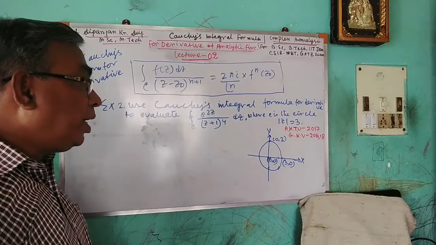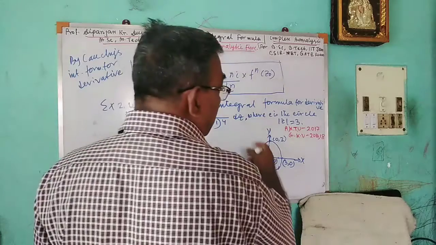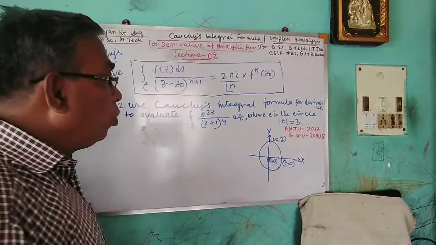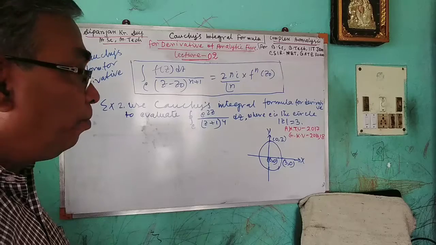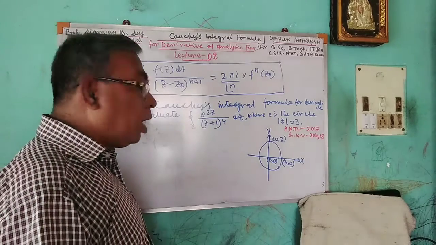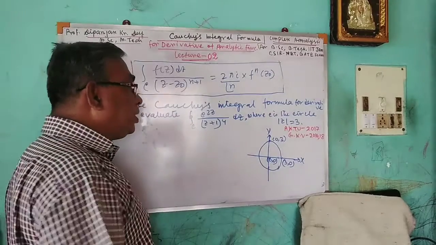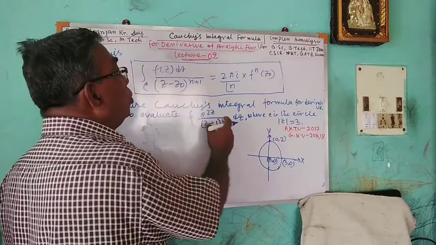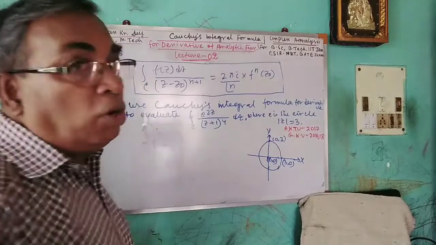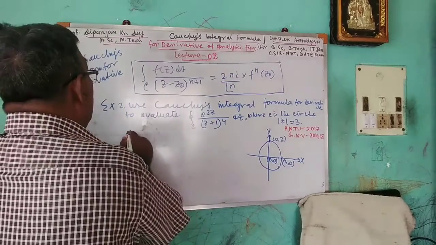After getting this, what will you do? You have to find out the singular points. How to get the singular points? To get the singular points, we put the denominator equal to 0.